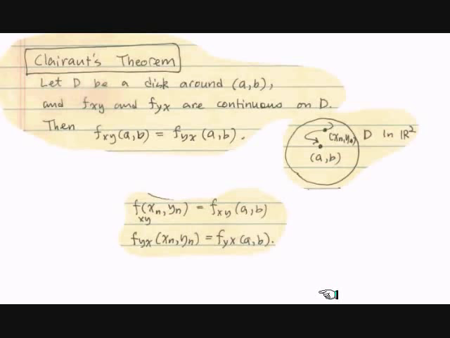So it's very interesting. Actually, this Clairaut's theorem has far-reaching consequences that go all the way up to differential geometry, and some of the complicated Lie brackets are really rooted in this phenomenon, Clairaut's theorem. So it's a very interesting statement.